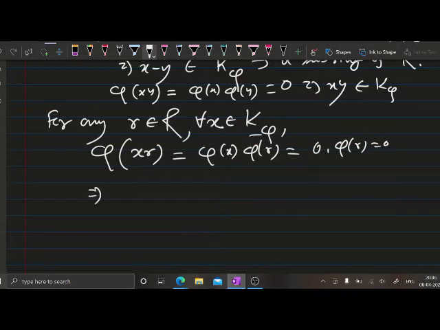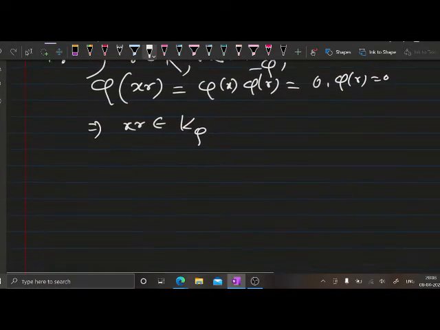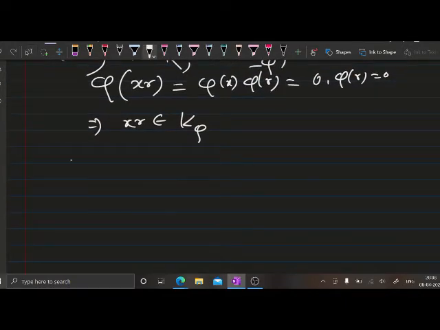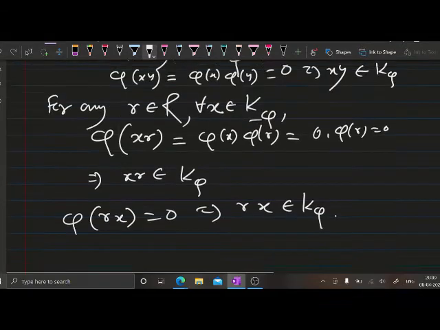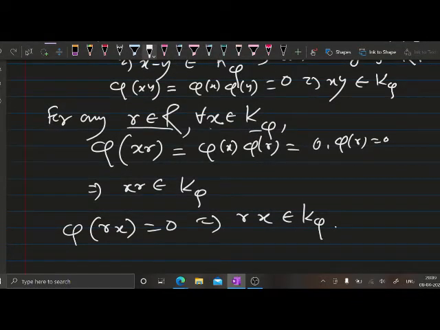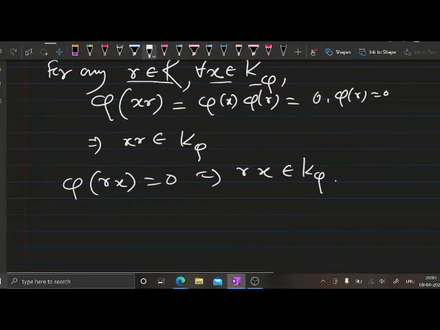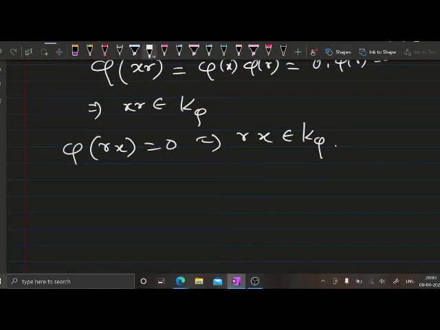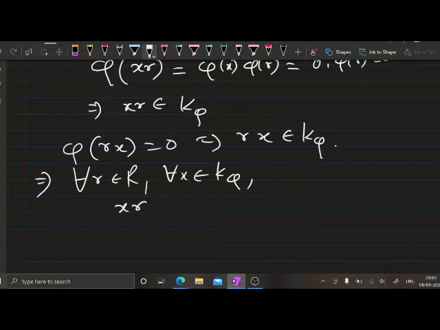So xr belongs to K phi, right? Similarly you can prove that phi(rx) is also 0, so rx belongs to K phi. So for all r belonging to R and all x belonging to K phi, we have xr and rx belonging to K phi.